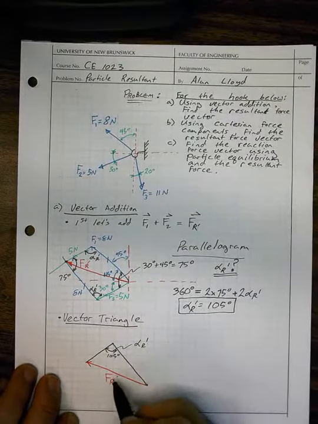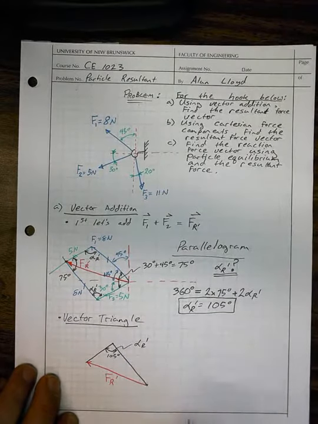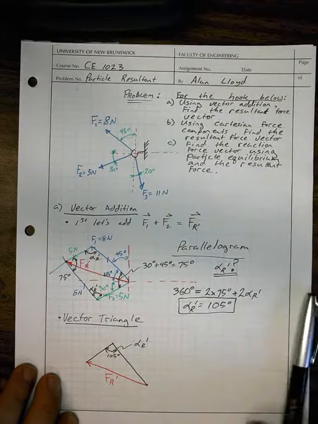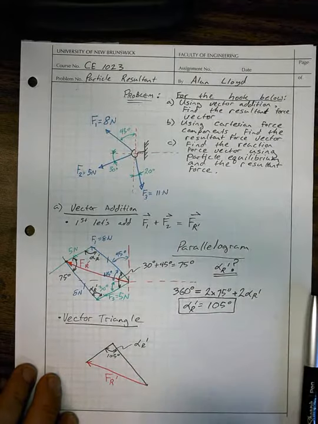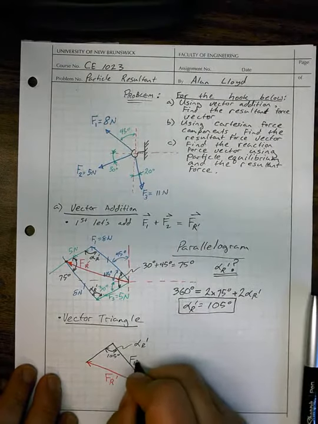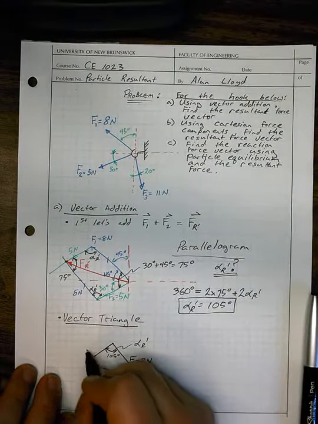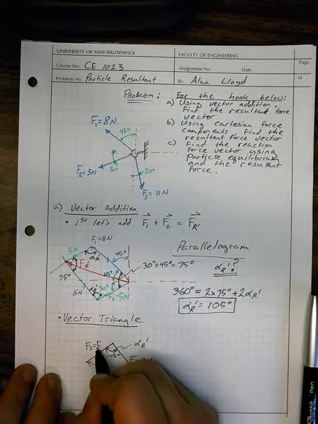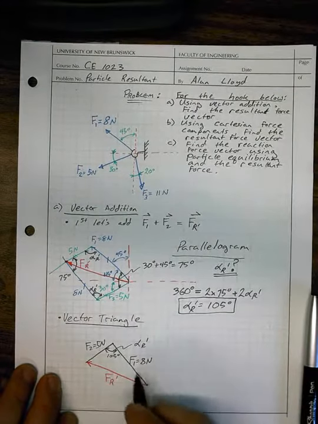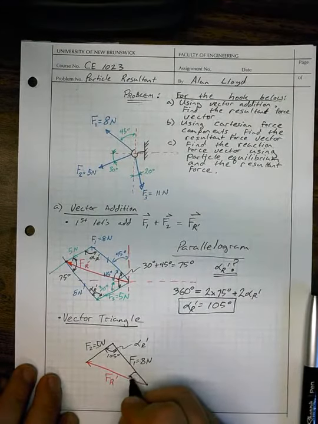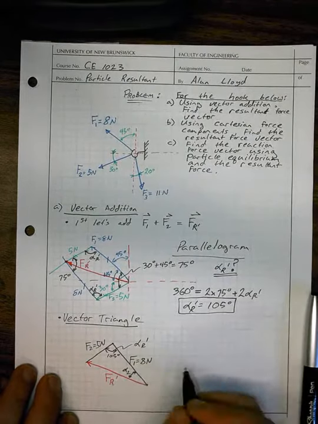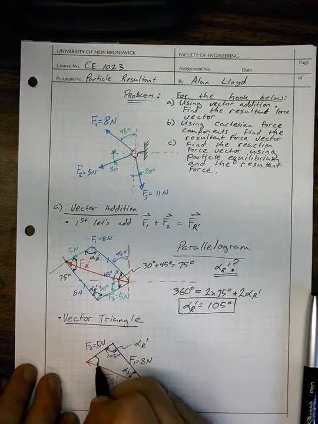So we name this angle R prime. And we have two other vectors here. We have force 1 equal to 8 newtons, and force 2 equal to 5 newtons. Opposite of force 2 we have, let's call this alpha 2, and opposite of force 1 we have an angle, let's call it alpha 1.